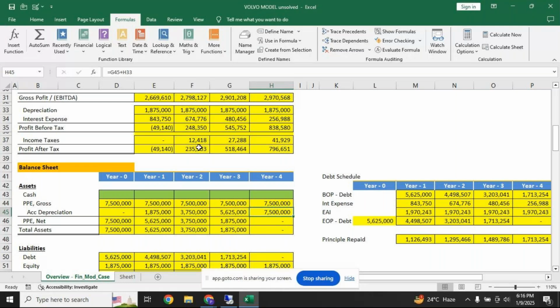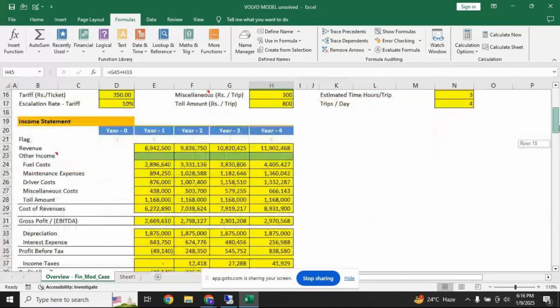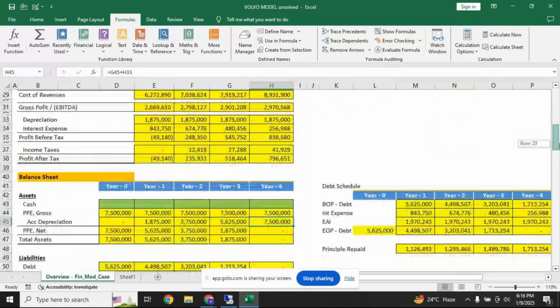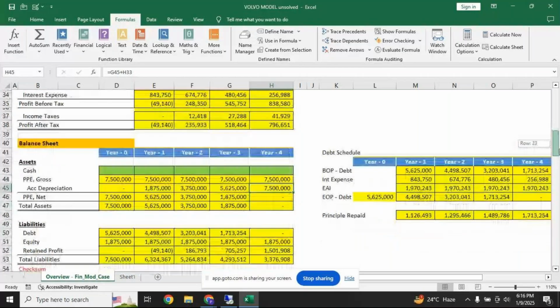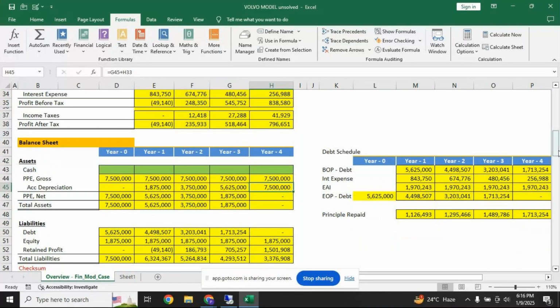So let's continue with the cash flow statement. Any other doubts in the debt schedule or in the income statement? Anything? Any doubts? If there are any doubts, you people can get it clarified, or else I'll continue with the cash flow statement.